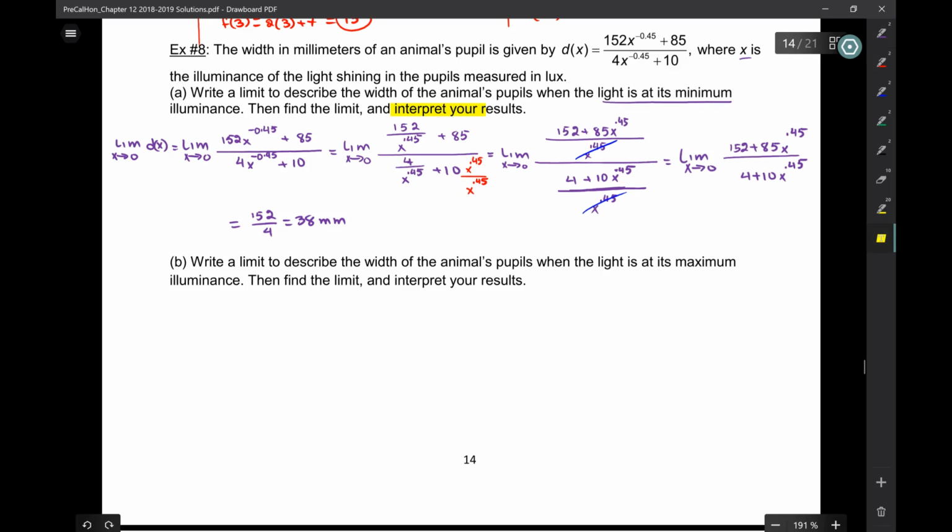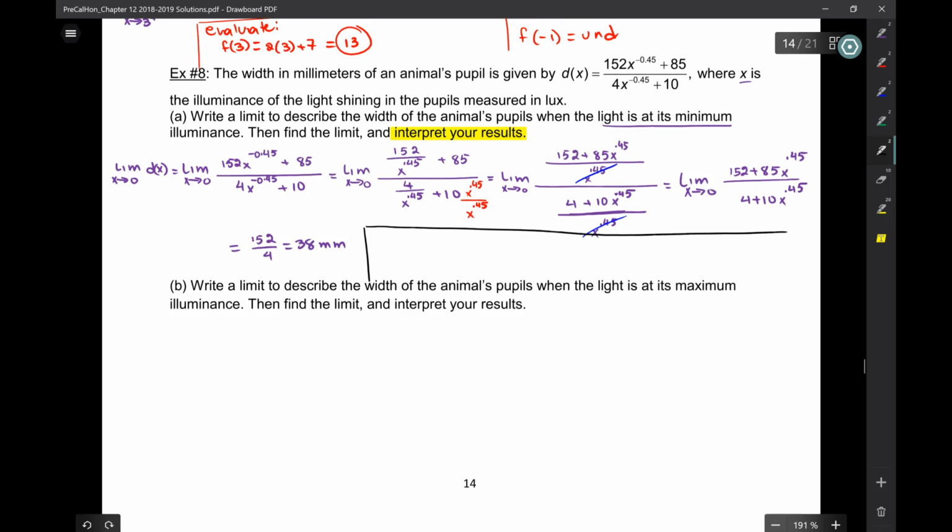Now it says here, interpret your results. So what that means is, write a sentence in coherent English about what this means. So you say as the luminance of light approaches 0, the width of the animal's pupil approaches 38. Exactly.